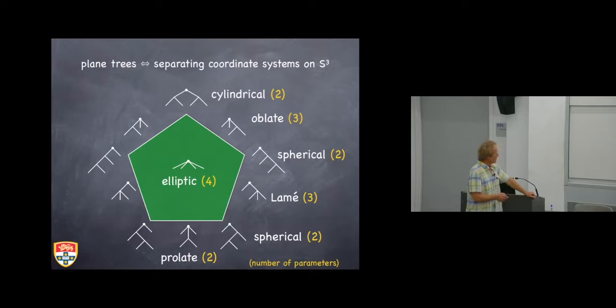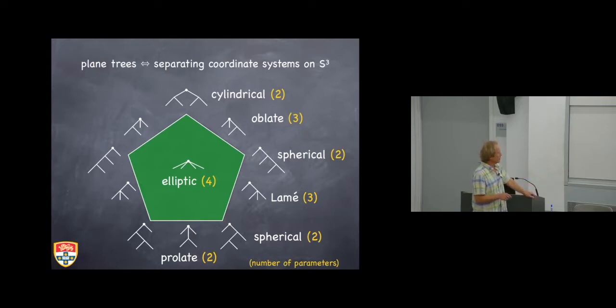Okay, so these separating coordinate systems, here are some names that you can attach to them. These are elliptic coordinates, so these are Jacobi's coordinates. And on the boundary and the edges of this polytope, you find degenerations of elliptic coordinates. These degenerations are not necessarily easy to do, but they're also not hard to do.